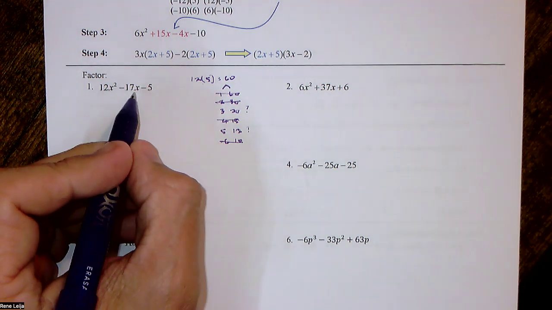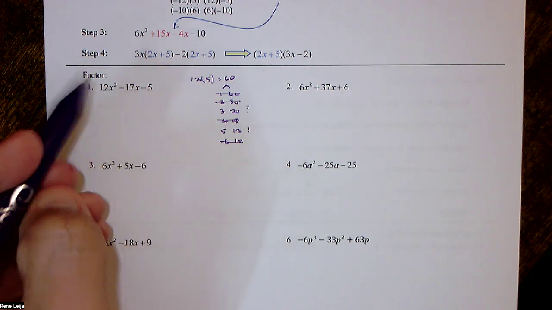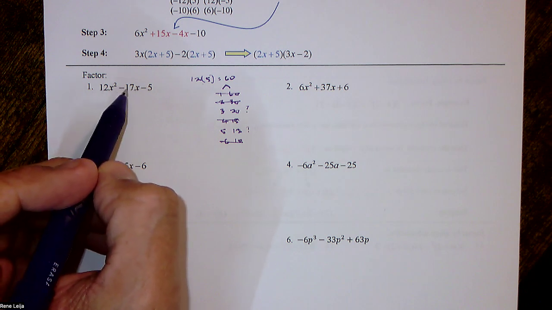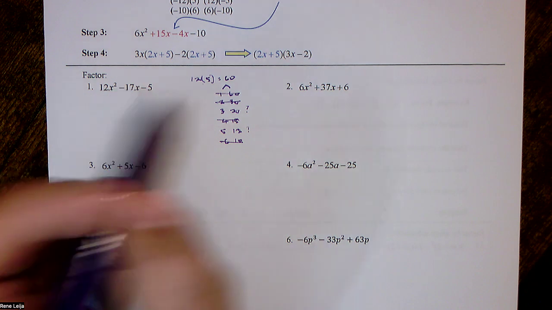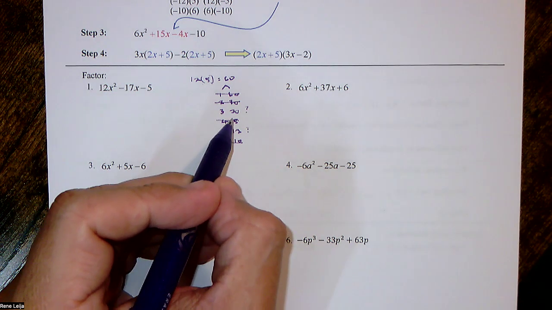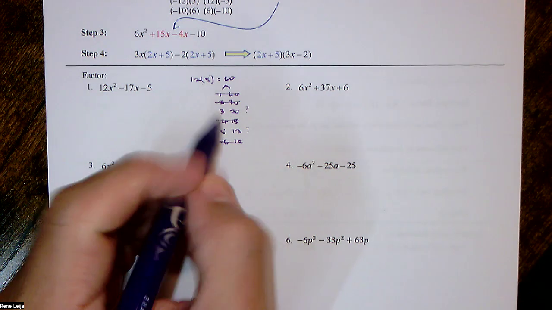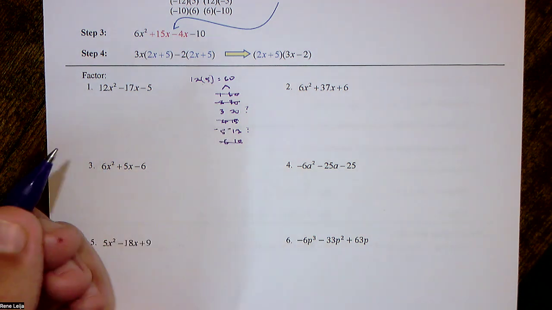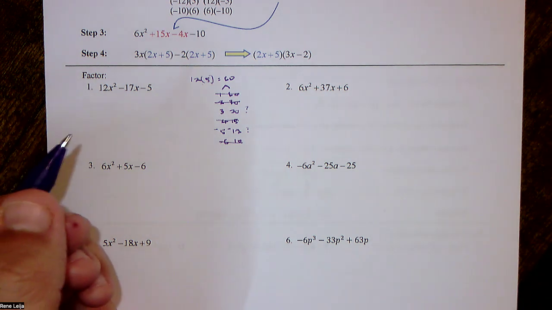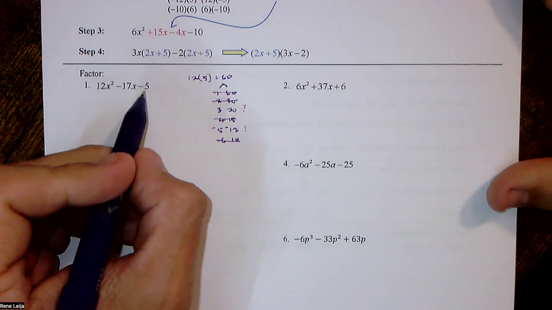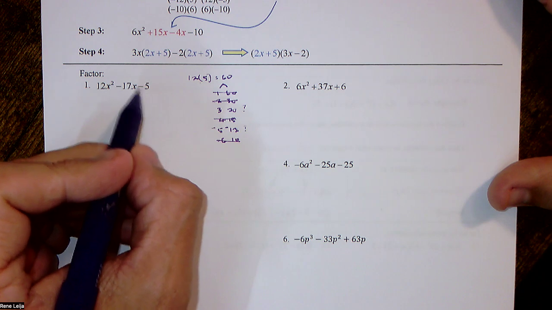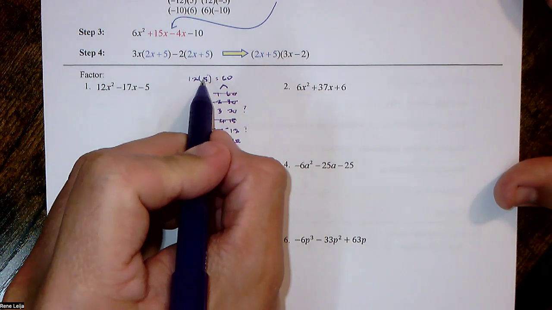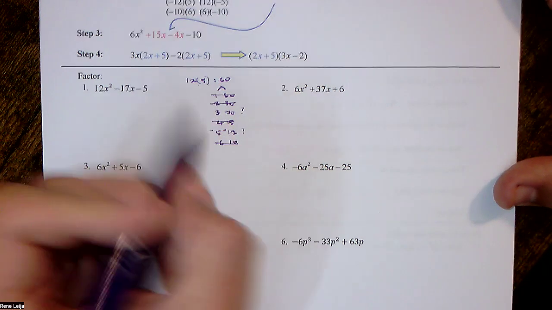Now for these two factors, I need to get a negative 17. So in order for me to get a negative 17, if it's the 5 and 12, then both of these would have to be negative. But notice that my last term is negative, and so if this were 12 times -5, then that gets me a -60.